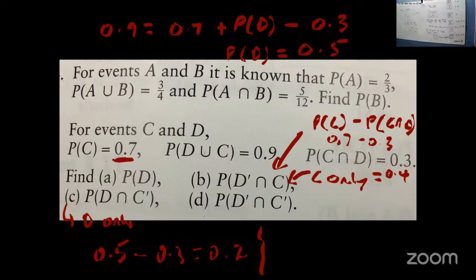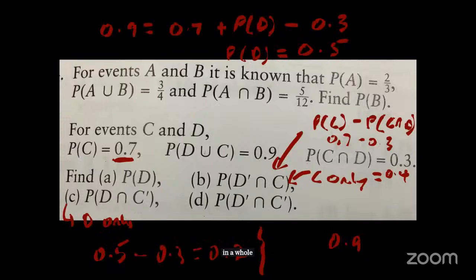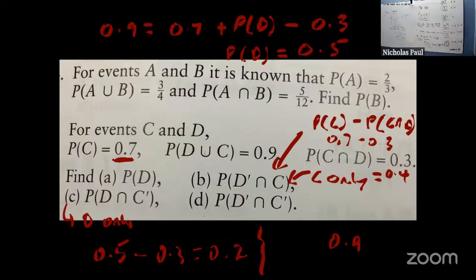A union B is 0.9 in the whole rectangle, so 0.1 remaining. So this is equal to 1 minus 0.9.